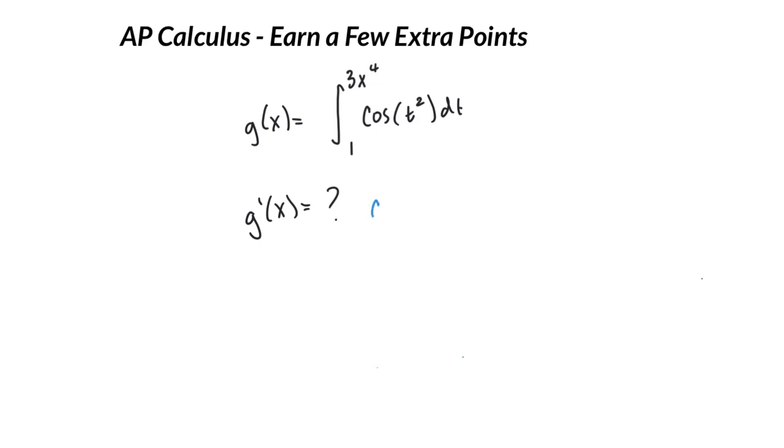So cosine was the function inside with the bound plugged in, so 3x to the 4th squared. So just notice this just took the place of t, but then we must multiply by the derivative of that bound. Derivative of 3x to the 4th is 12x cubed, and this is due to chain rule.